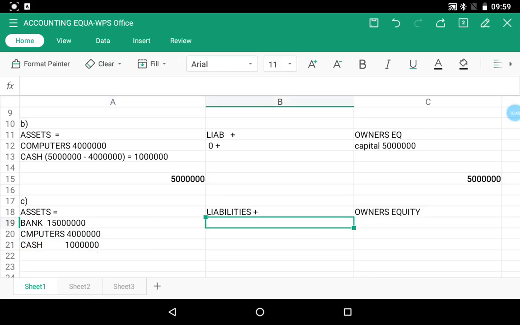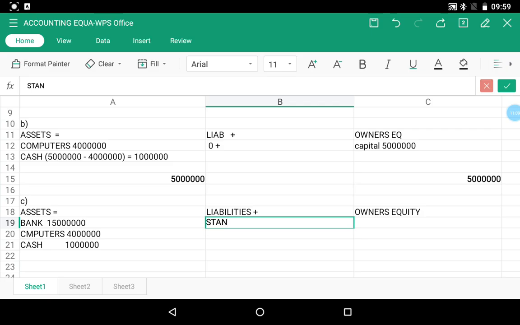Is equal to liabilities. This time we have a liability, a Stanbic Bank loan, and we said a loan is either a current liability or a non-current liability. When it takes more than a year, it is a non-current liability. When it takes less than a year, it is a current liability. But when you check in our transaction, they did not mention whether it was above a year or below a year.